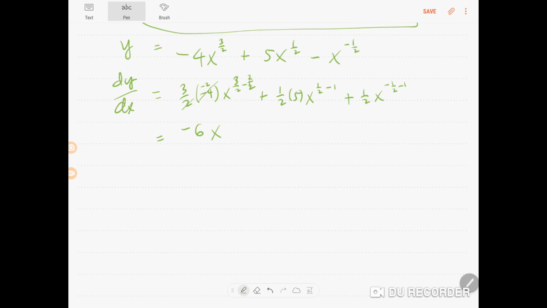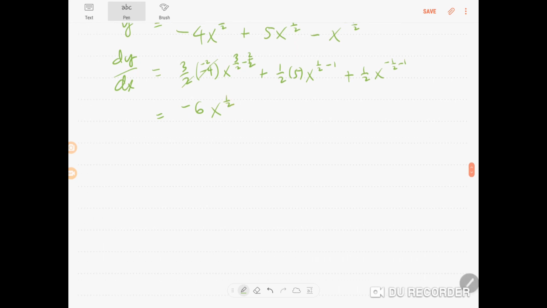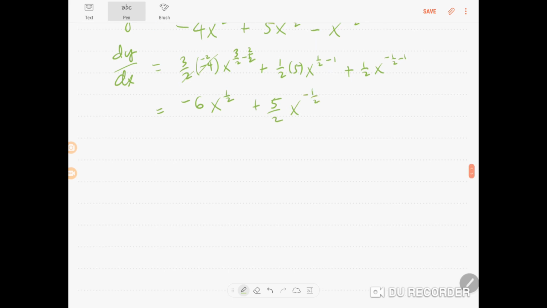Because 2 over 2 is just 1. So 3 over 2 minus 2 over 2 is basically half. Alright? Now, you add it with 5 over 2 x to the power of negative half. Alright? And keep going to simplify this into negative 3 over 2.